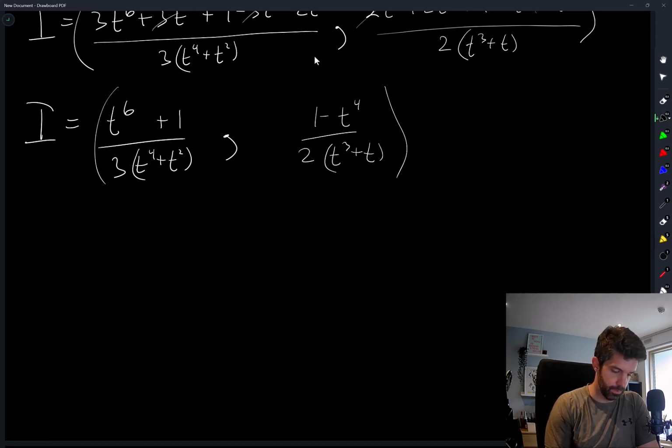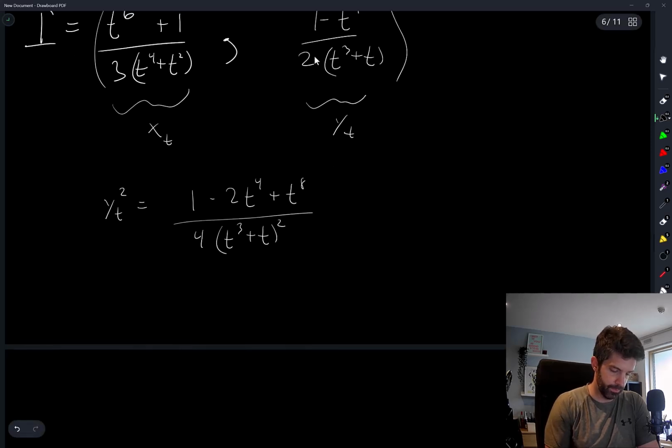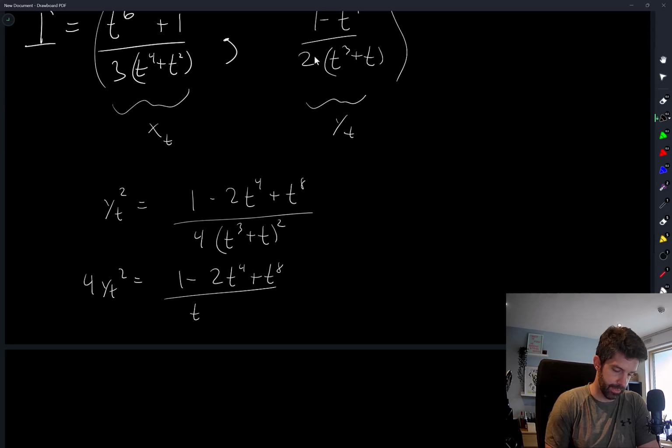So we'll call this xt, call that yt. So yt squared is equal to 1 minus 2 t to the 4 plus t to the 8 divided by 4 t cubed plus t squared. So 4 yt squared is equal to 1 minus 2 t to the 4 plus t to the 8 divided by t cubed plus t squared.